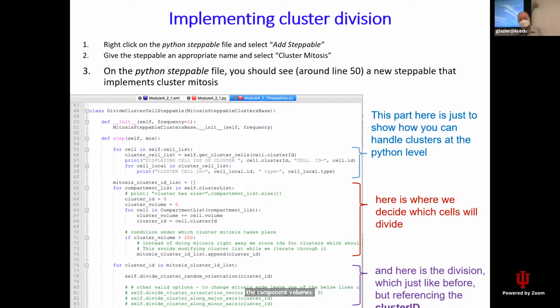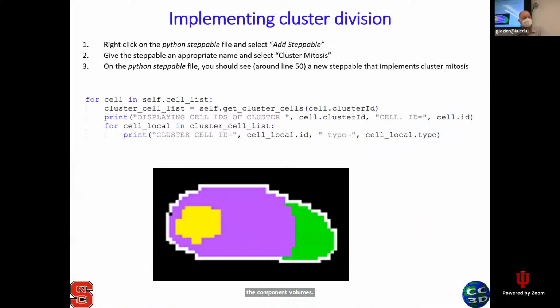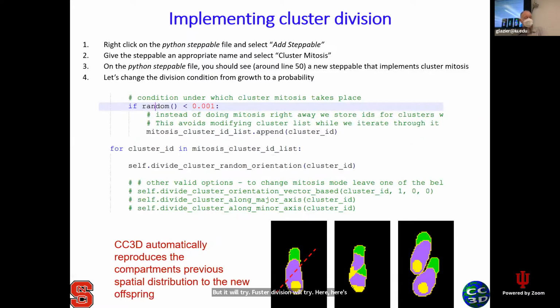But cluster division will try, here's the cell. And when we do cluster division, it will try to copy the subcellular architecture when it does the division.